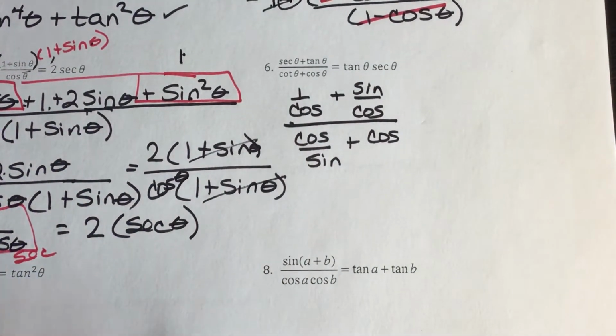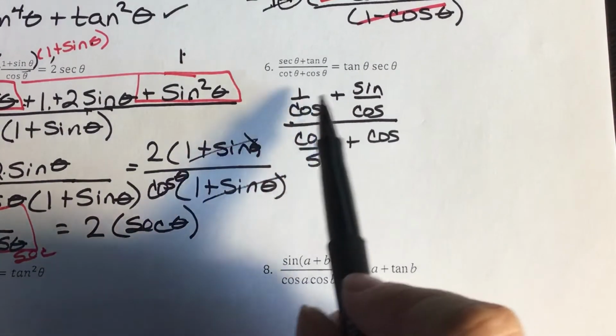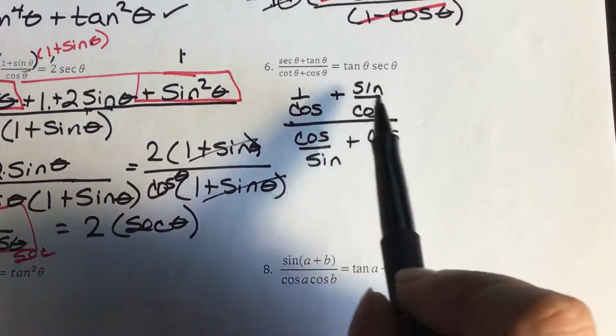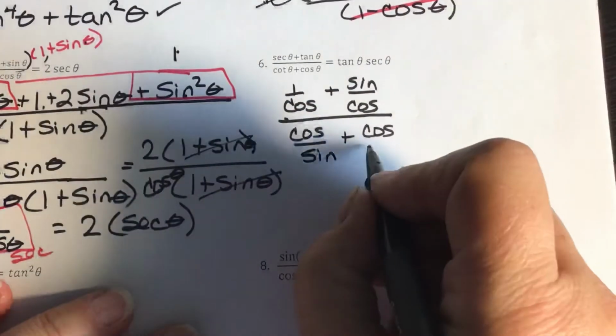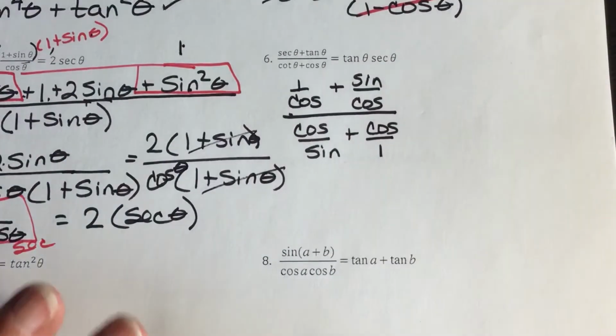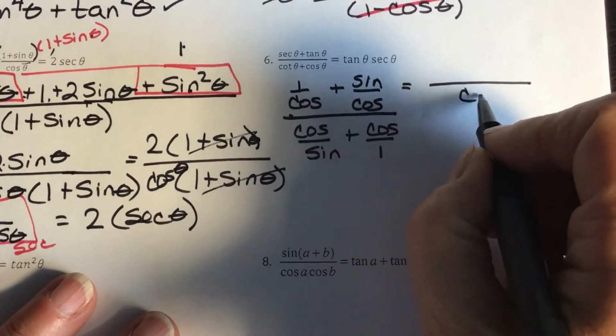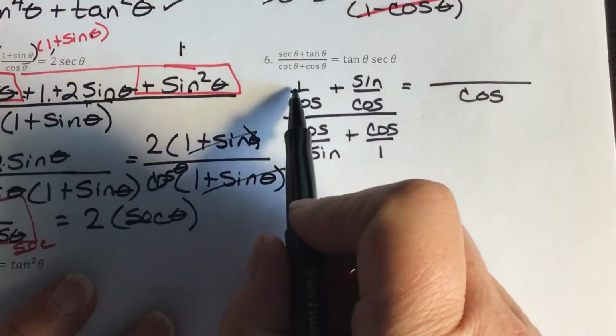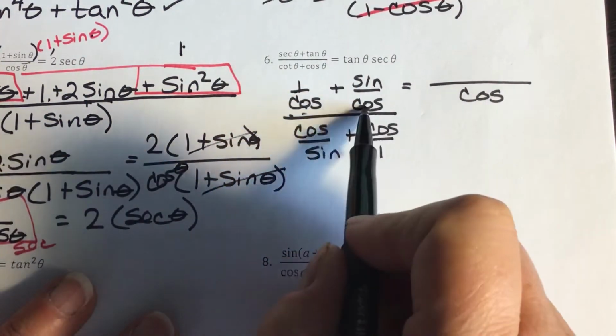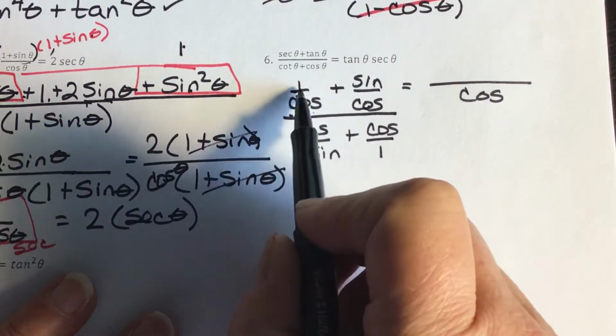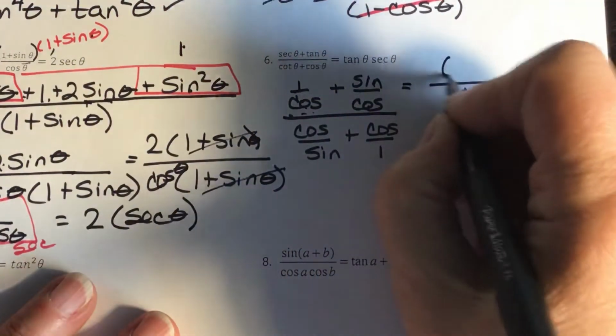All right, so now if I get a common denominator on the top and bottom, this is like cosine over 1. So on the top, my common denominator would be cosine, and on the numerator, I've already got this common denominator, so I have 1 plus sine.